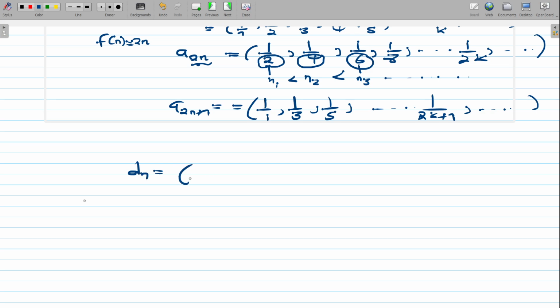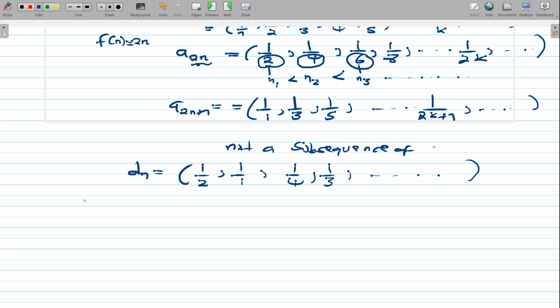And then we have a sequence like this one, 1 divided by 2, and then 1 divided by 1, and then 1 divided by 4, and then 1 divided by 3, and then if we keep on going like so, then this one is not a subsequence of the sequence 1 divided by n. So this is very clear to understand, that this is not going to be a subsequence.